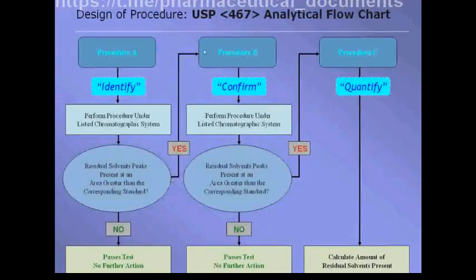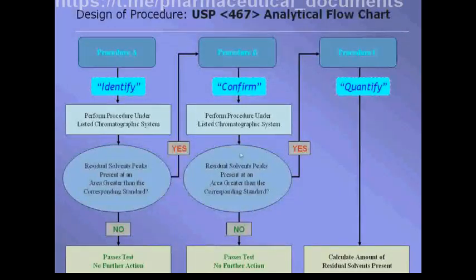So as we move forward into procedure B, what I like to call this is confirmation. So we first identify in procedure A, and then we confirm the presence of that residual solvent in procedure B. What that requires is we run the procedure listed in procedure B. So what that does is then use an alternately selective column, and we look for that same residual solvent peak matching up with retention time and area count greater than the corresponding standard.